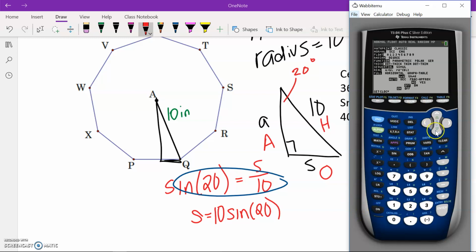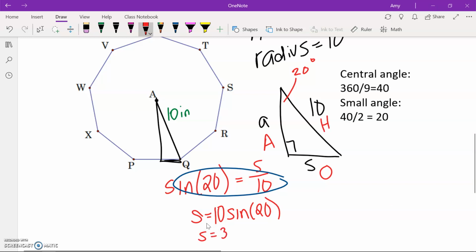This would be when I take out my calculator. I'm going to have to change my mode. But once I change my mode, I can do 10 sine of 20, and we get 3.42. So s equals 3.42.